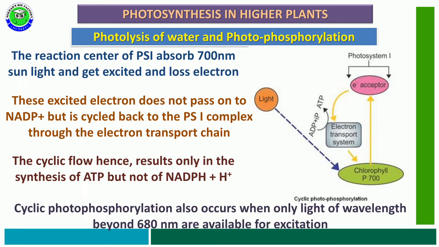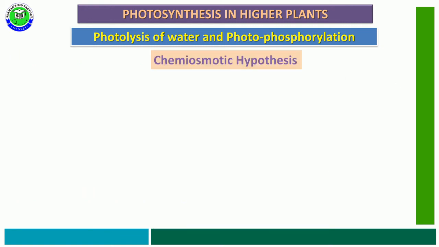The cyclic photophosphorylation also occurs when only light of wavelength beyond 680 nanometers is available for excitation.